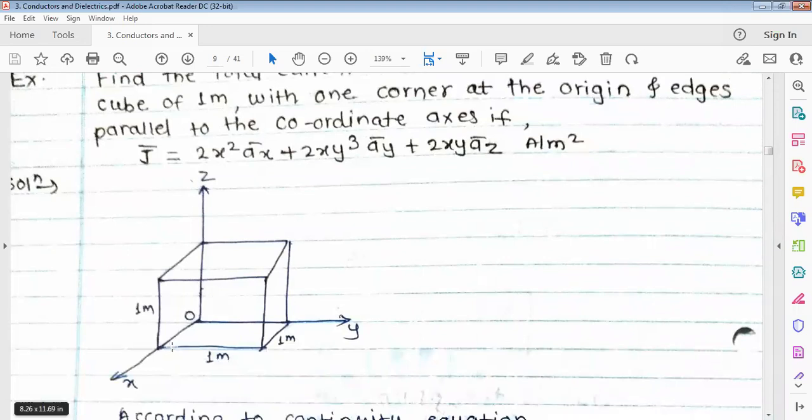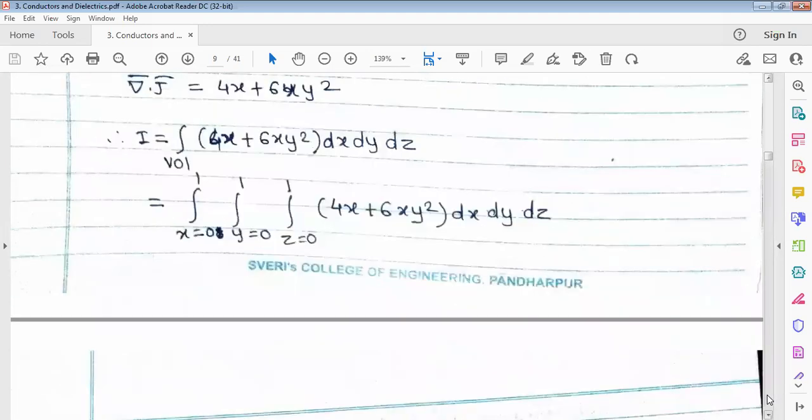Okay, means in x direction, y direction and z direction also length is equal to 1 meter. Length equal to 1 meter is nothing but the distance from the origin towards that particular axis. So limits are from 0 to 1 for all three axes.